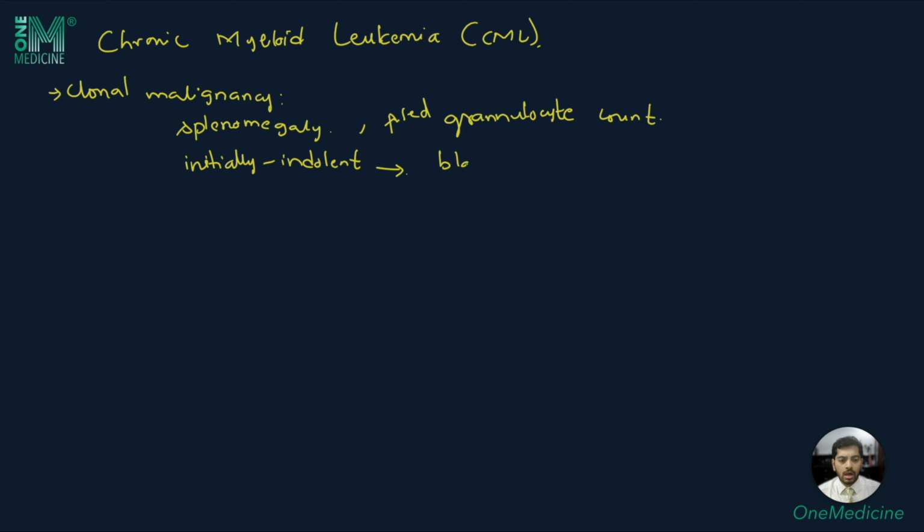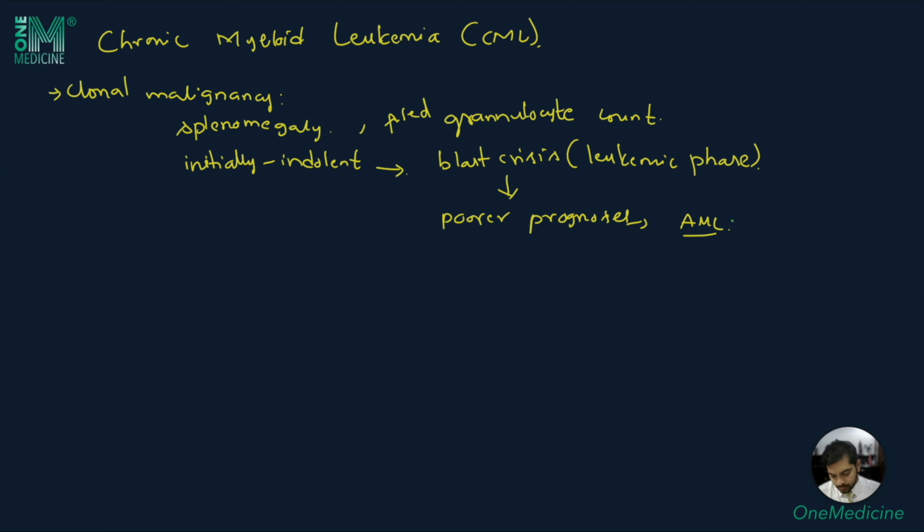When it reaches the blast crisis, also known as the leukemic phase, it has a poorer prognosis than compared to acute myeloid leukemia. So the overall survival is usually around 4 years.